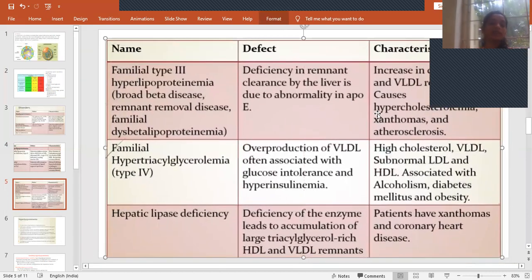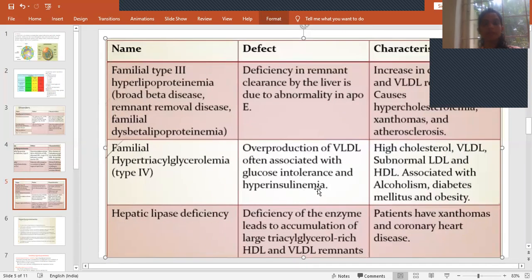And then type 4 is familial hypertriacylglycerolemia. In this there will be overproduction of VLDLs, often associated with glucose intolerance and hyperinsulinemia. That means there will be increased glucose levels and hyperinsulinemia.